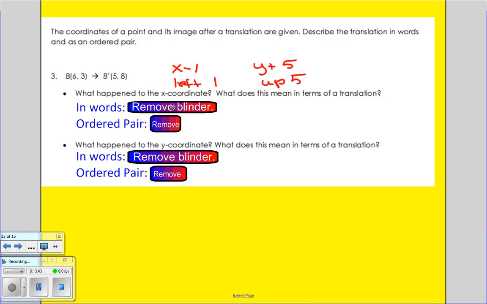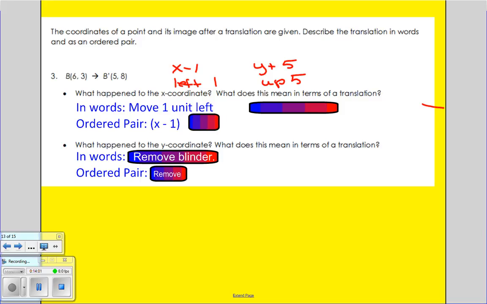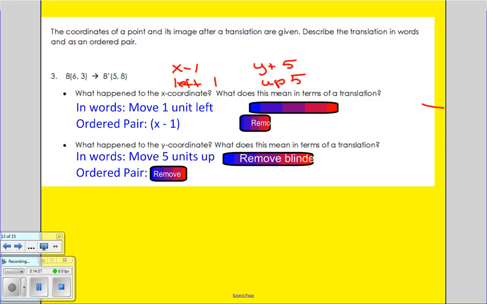Okay, so x-coordinate, it went 1 unit left, and that was x minus 1. The y-coordinate, 5 units up, and that was y plus 5.